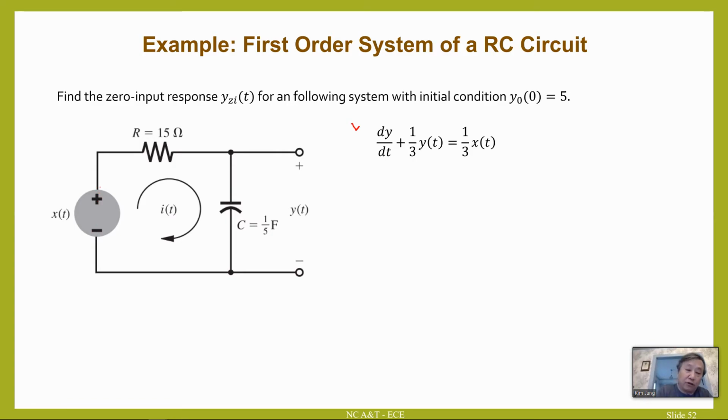For a zero voltage source, it is just a wire connected with a wire, so there's no source.